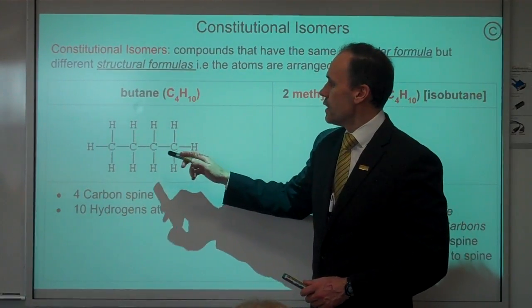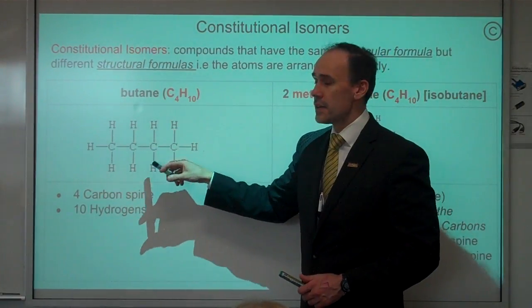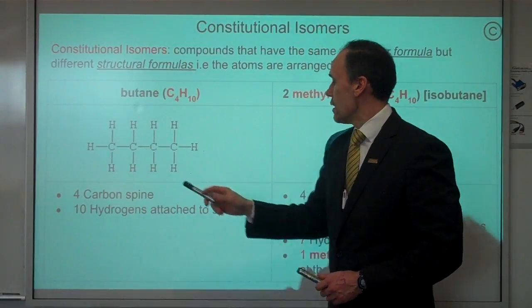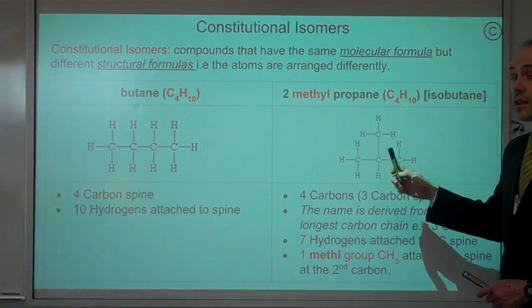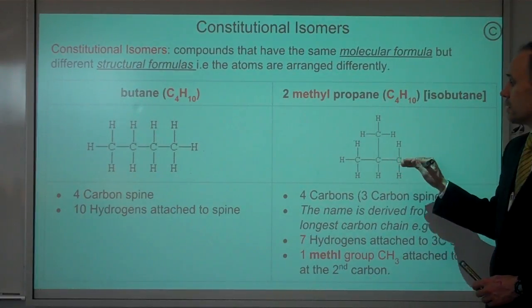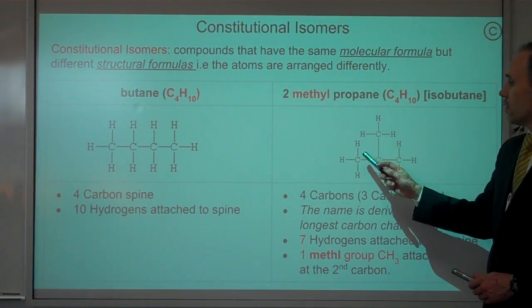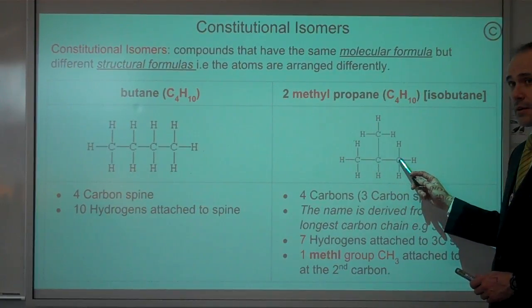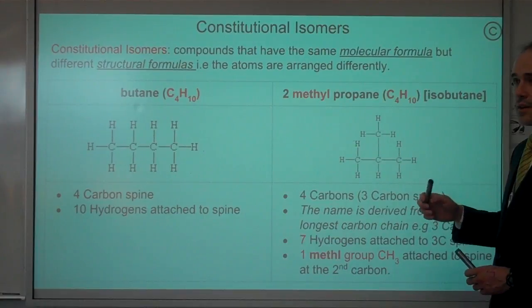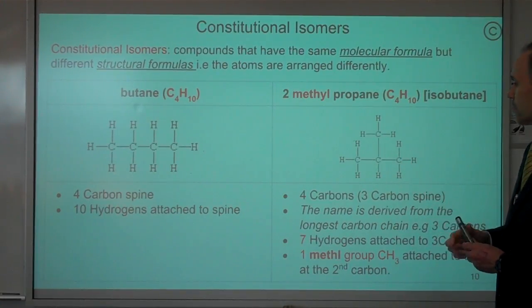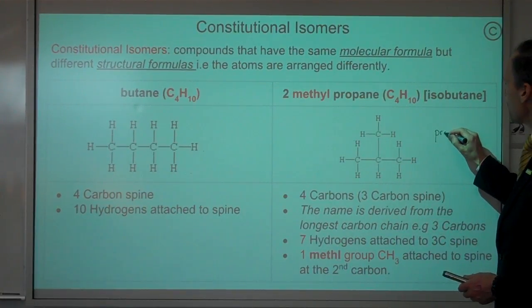Let's have a look. We've got our 4 carbons. This is a standard alkane structure. But here we have, what's the longest carbon chain that you see here? How many carbons are the longest chain? 1, 2, 3 carbons. Now 3 carbons has what prefix? Methane, ethane, prop. Yep. 3 carbons will get you prop.